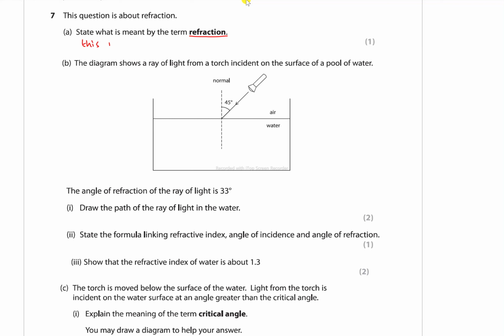This is when waves change speed when they change medium.